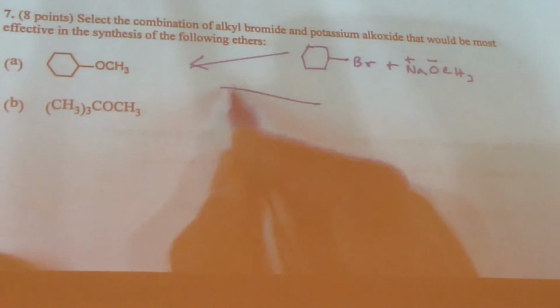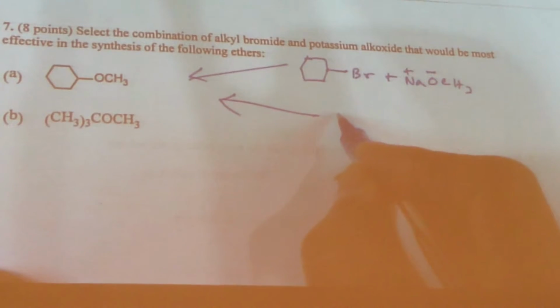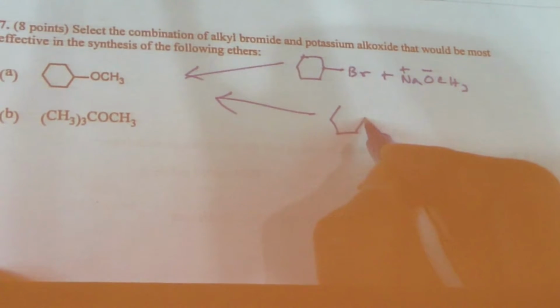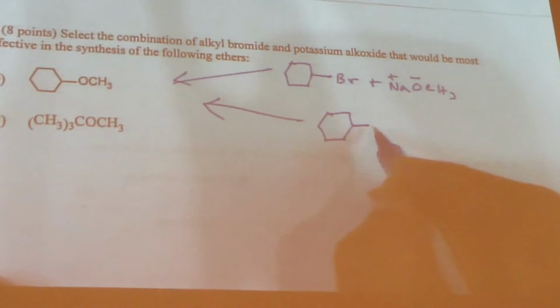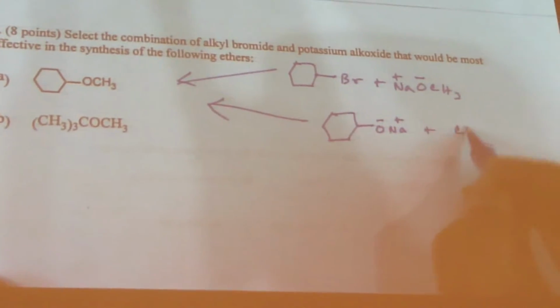And the second possibility would be that you break the bond between oxygen and this methyl carbon. So in that case, this would be the alkoxide, Na plus, methyl bromide.